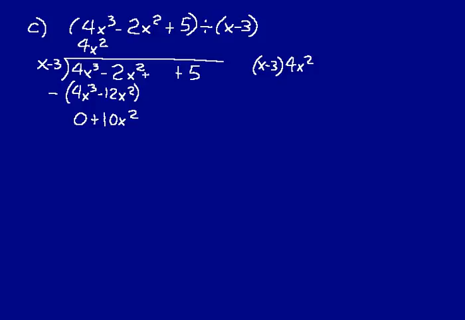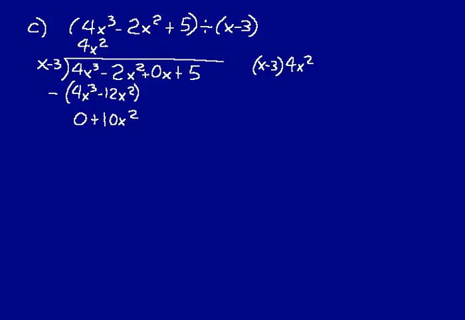So in the dividend, just put a 0x in there. I mean, it's equal to 0, but it just helps you keep up with your pattern. And really that 5 on the end is 5 times x to the 0, but we don't worry about the x to the 0. So now we have x to the third, x to the second power, x to the first power, x to the 0 in our constant term.